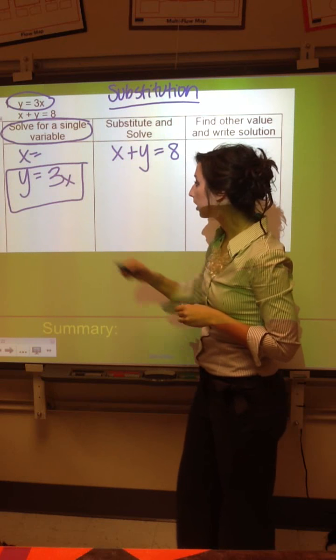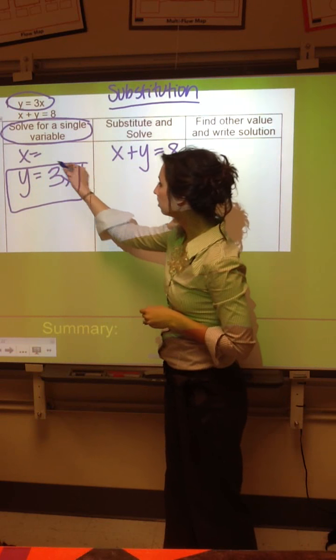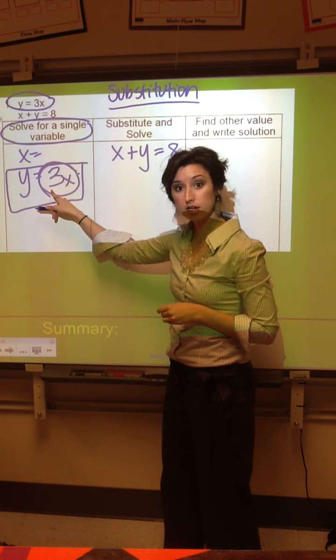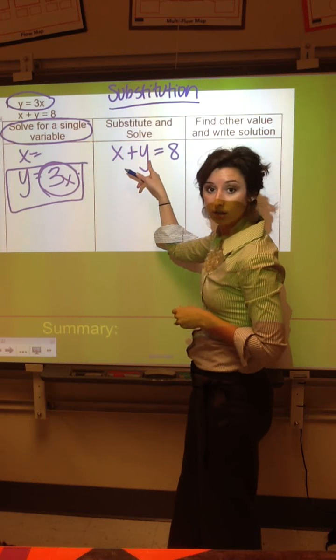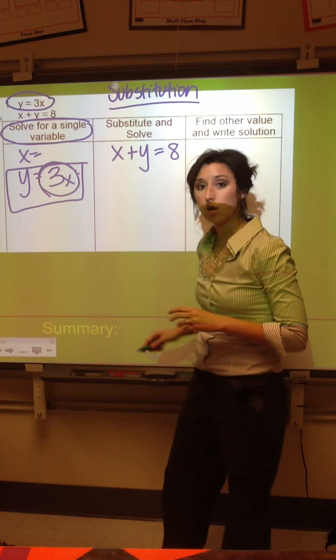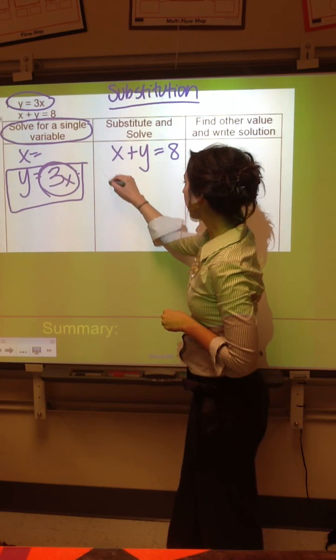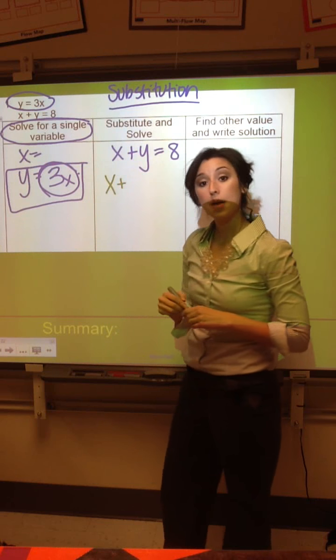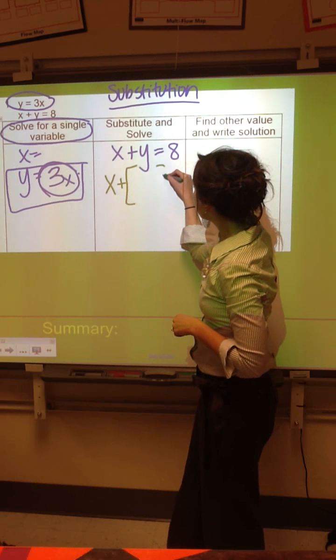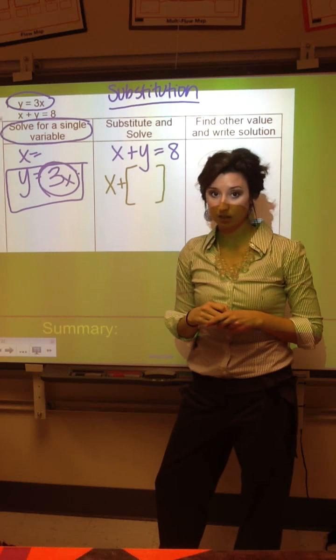For example, wherever it tells me y, this is what y is, I'm going to plug that in for y because it says y equals. So everybody watch this, and I want you to also take notes. We're going to rewrite x plus. I'm going to use a big bracket to show the new number I'm putting in.